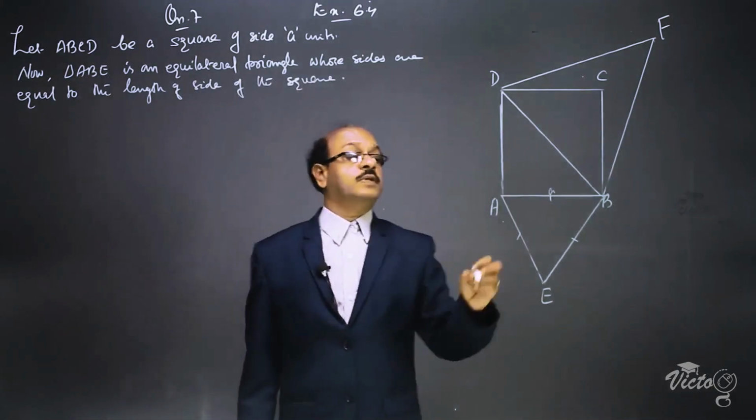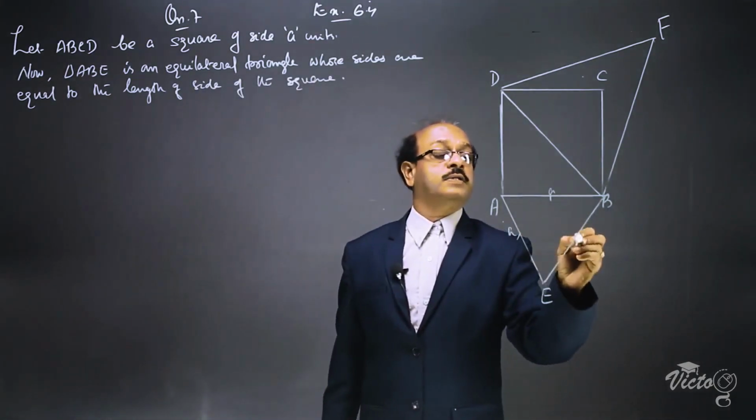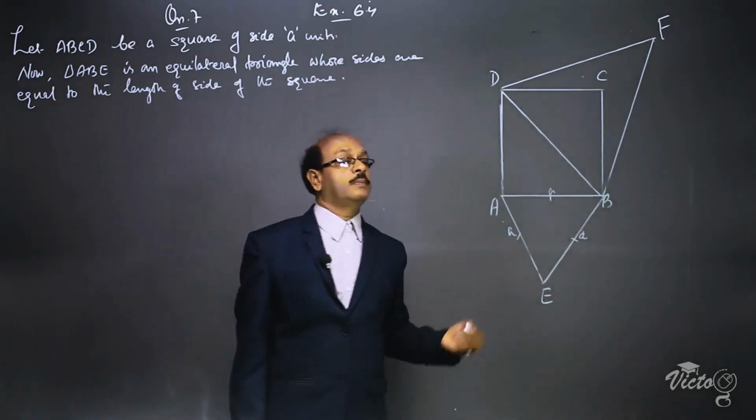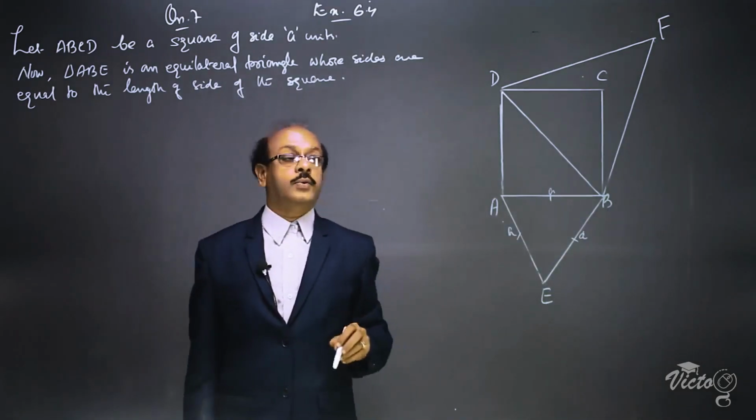Therefore, the sides of this triangle are also equal to a units. AE is equal to a units, BE is equal to a units, and AB is also equal to a units.